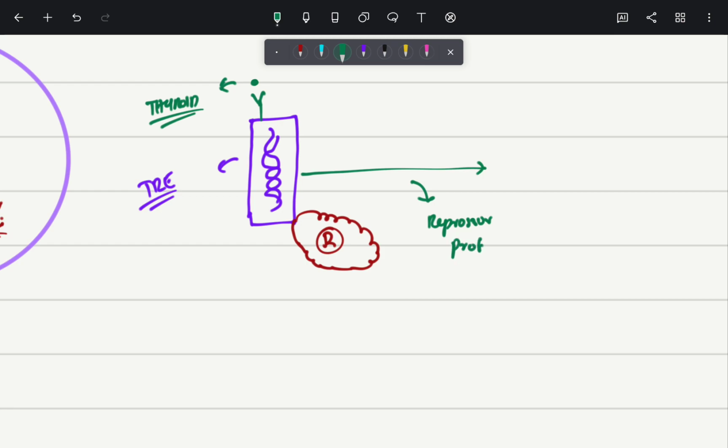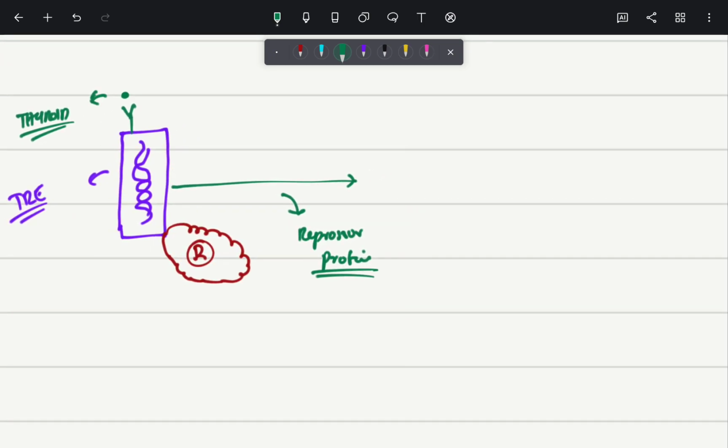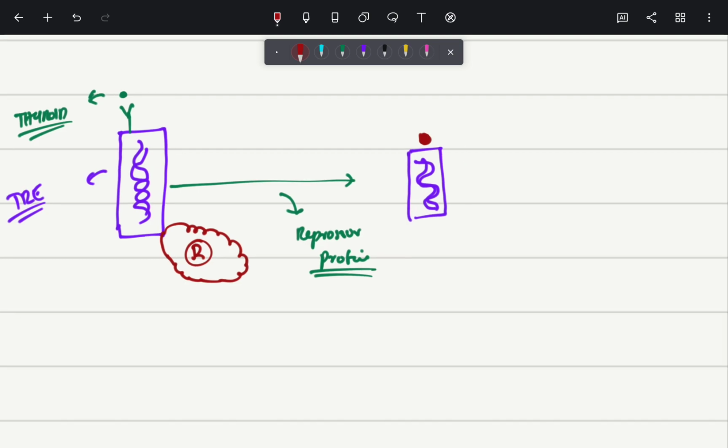Okay, so once the repressor protein is thrown out, the thyroid response element will get activated, and this activation requires certain types of proteins, and these proteins which are going to attach to your TRE are your activators.